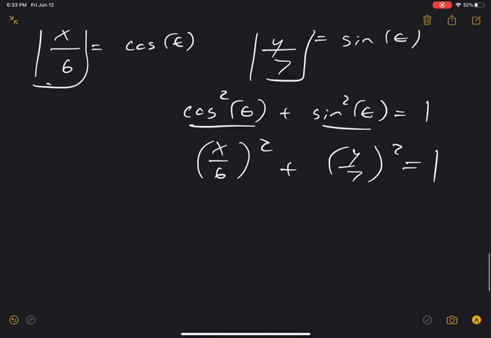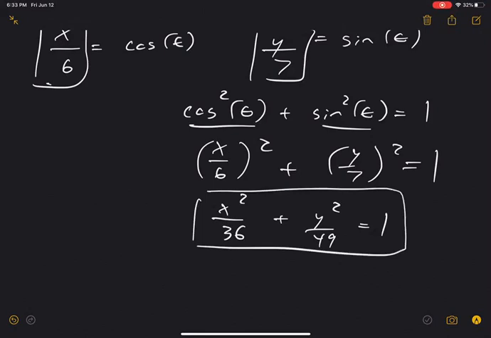So we have (x over 6) squared plus (y over 7) squared equals 1. In other words, x squared over 36 plus y squared over 49 equals 1. This is the equation of an ellipse, so that matches what our graph should look like. So that's it for this one.